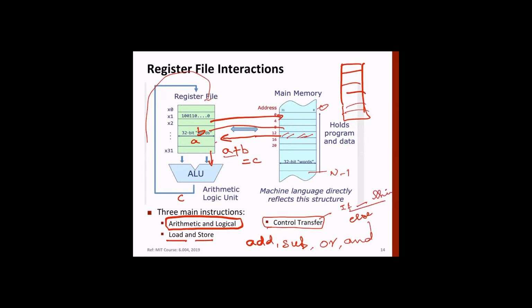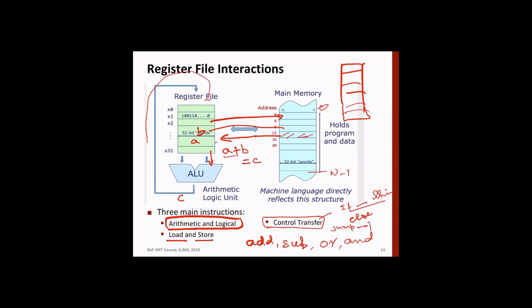So this is one kind of control transfer at a higher level language, like if some condition is satisfied, then do something. At a lower level, we can say jump to a certain location if certain conditions are met. If the register value is 0, then jump to a certain location. Those kinds of instructions where some decision making happens are called control transfer.